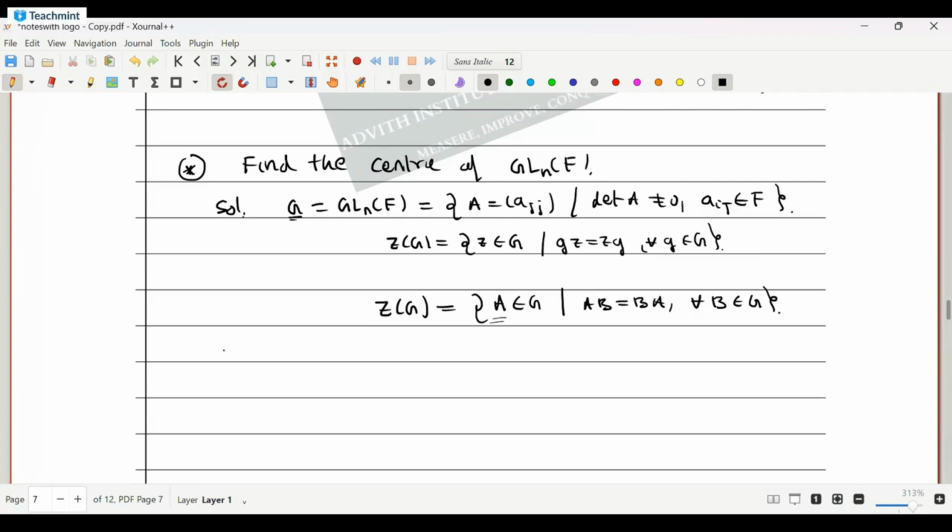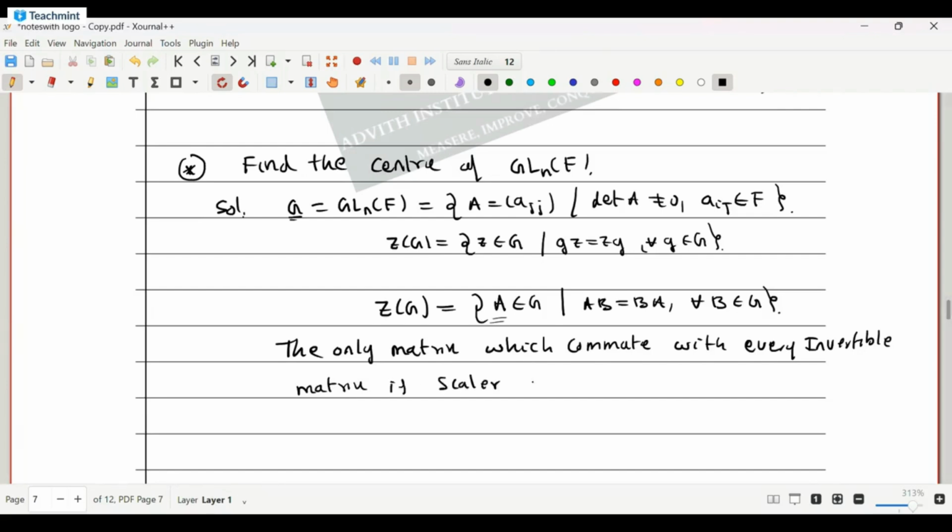So the only matrix which commutes with every invertible matrix is a scalar matrix. That is, the matrix A should be in the form lambda times In.